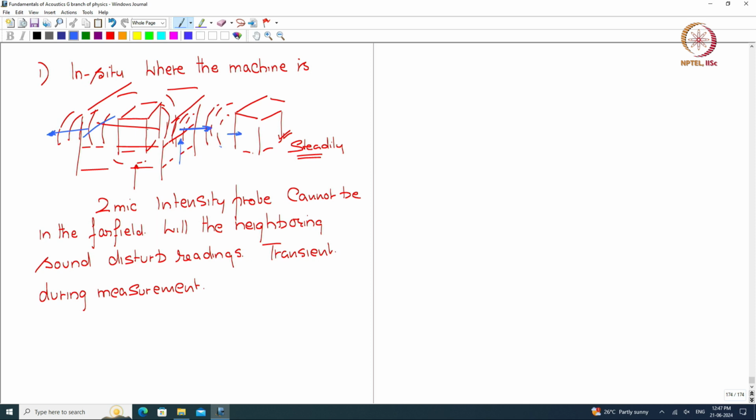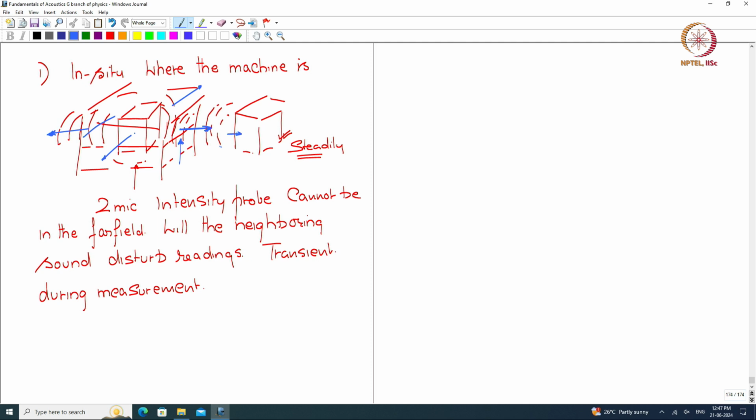In one instance it will go in, in one instance it will go out. Whereas as far as our machine is concerned, at all the points, the normal points away from the machine.